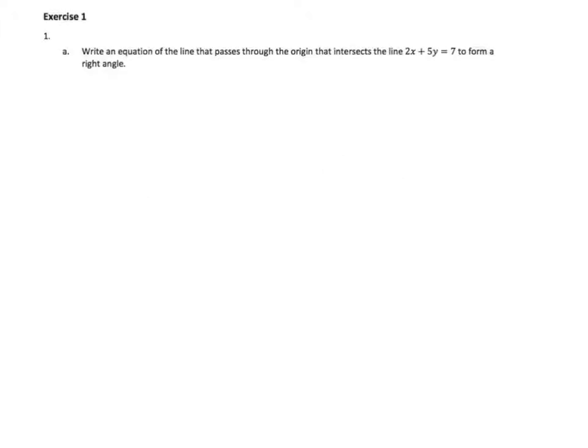Alright, first of all, the instructions say write an equation of the line that passes through the origin and intersects 2x plus 5y equals 7 to form a right angle.